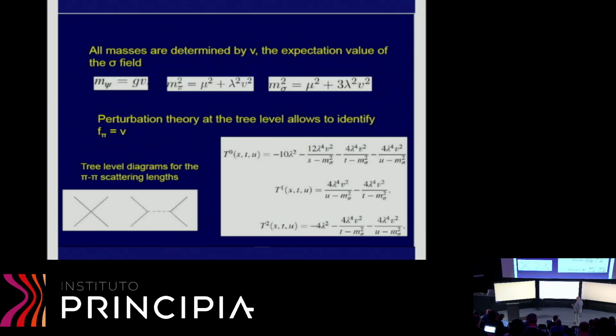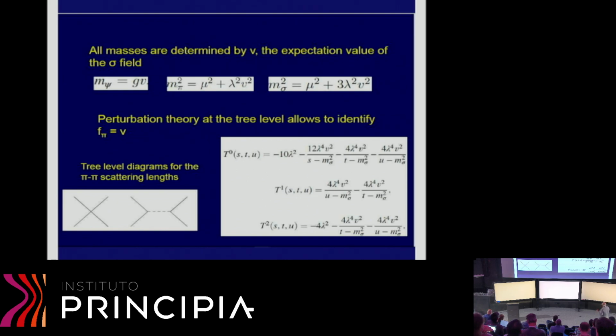Now, the model gives you every mass in terms of the vacuum expectation value of the sigma field, which is called V here. This is a well-known relation. And at tree level, you can compute the different scattering amplitudes.